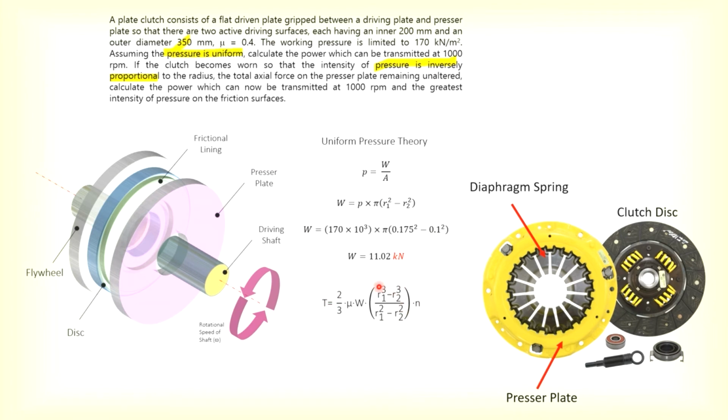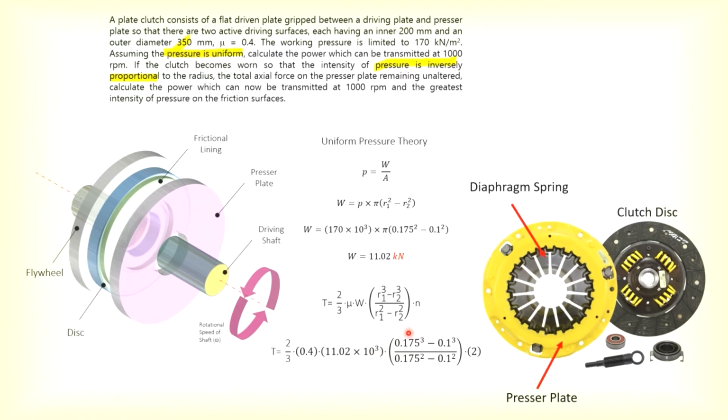Based on uniform pressure theory, the torque formula is given as this. So what you need to do is substitute everything to find out the torque. This is your outer radius, which is taken divided by 1000 and divided by 2, because what is given is diameter in millimeter.